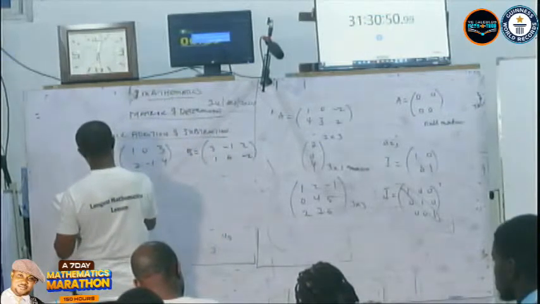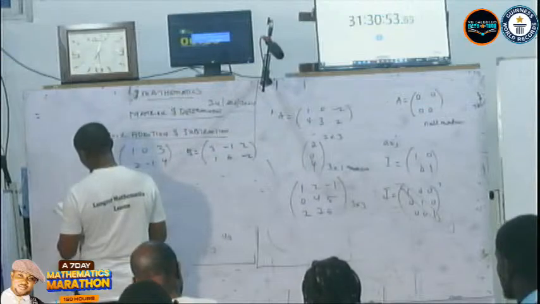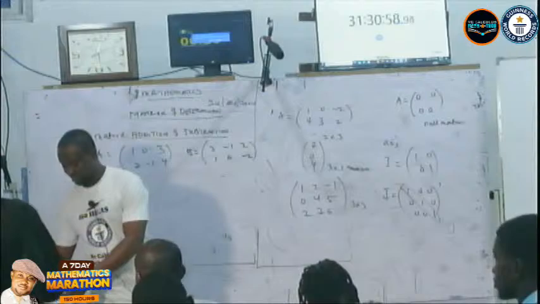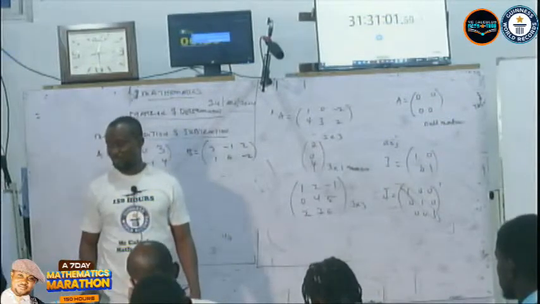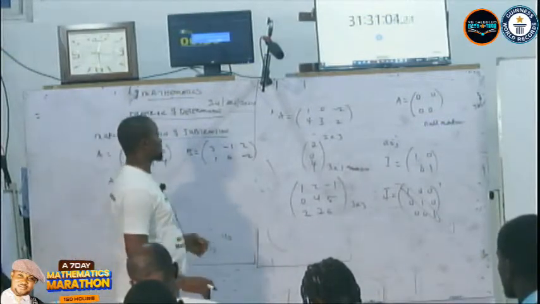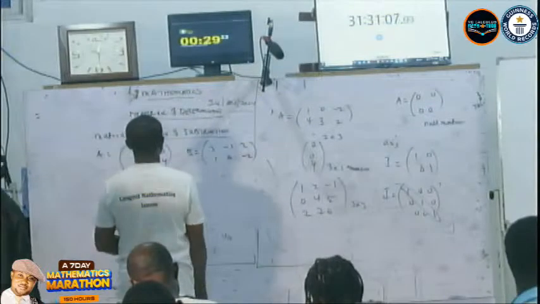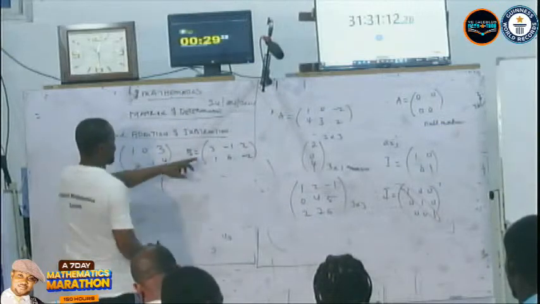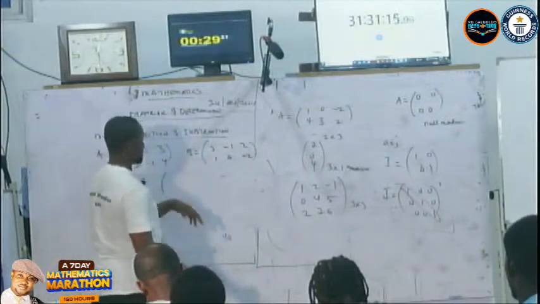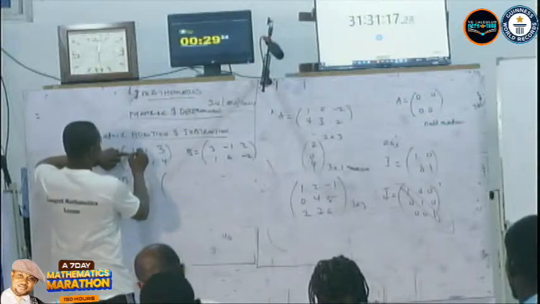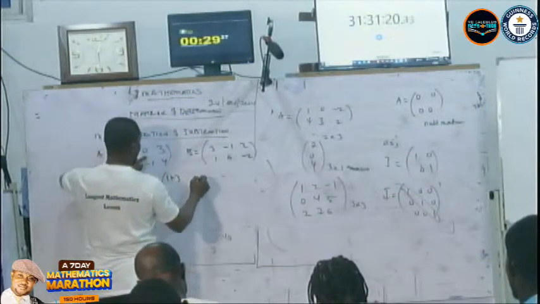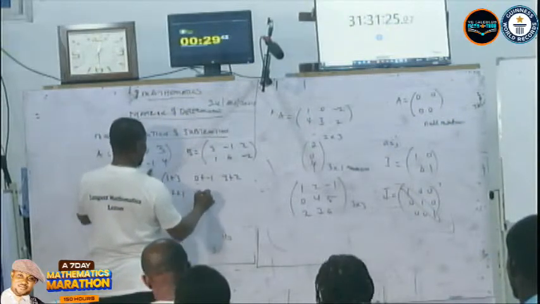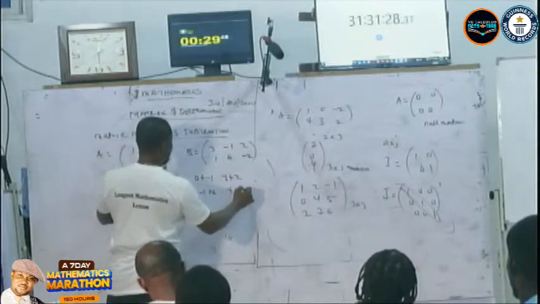And you're asked to find A plus B. Matrix A plus B here, you add up the corresponding values of the matrices. So A plus B will be: you add this with this, this with this, this with this, as it goes. So A plus B is 1 plus 3, 0 plus minus 1, 3 plus 2, 2 plus 1, minus 1 plus 6, 4 plus minus 2.